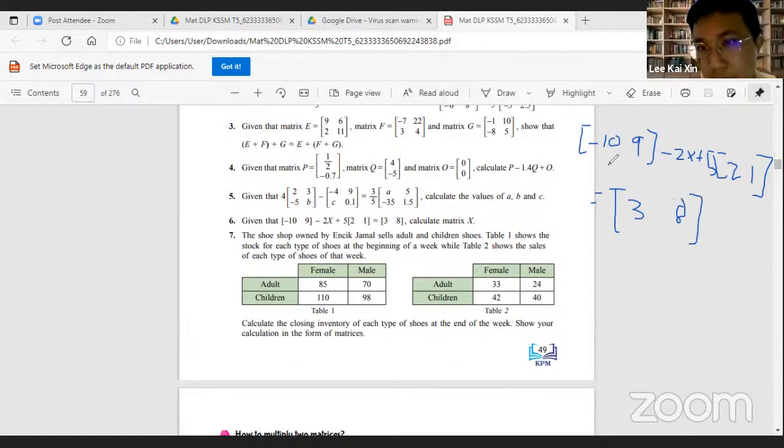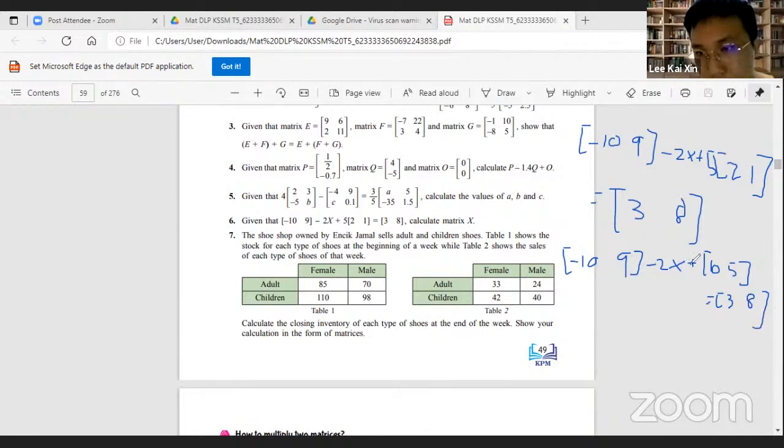So we multiply this first. This one 2x, we continue writing 2x. Plus 5 times 2 is 10. 5 times 1 is 5. We get 3 and 8.